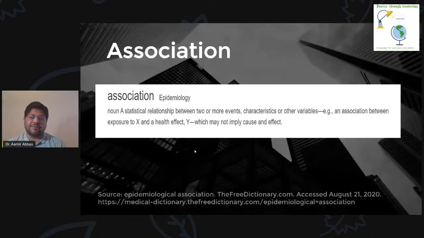So first of all, I'm going to dive into the definition of the term association, and that means a statistical relationship between two or more events, characteristics, or other variables. For example, an association between exposure to X and a health effect Y, which may not imply cause and effect. So that is the textbook definition of the term association.